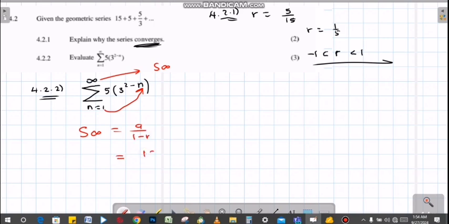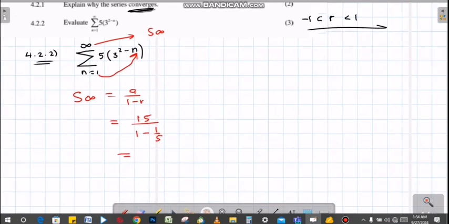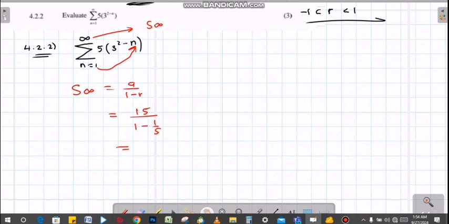Our a is 15, over 1 minus 1 over 3, which is 45 over 2. So that's our sum to infinity. Okay, next question.